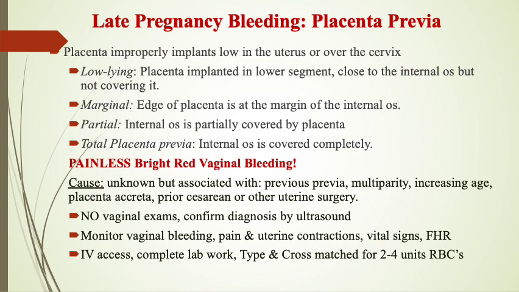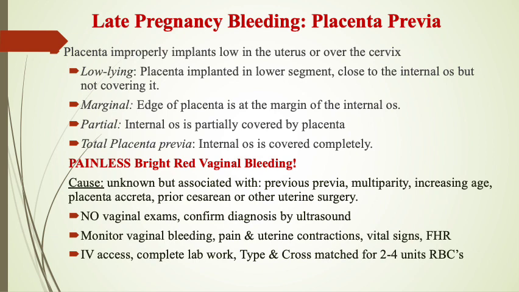So now let's get into the late pregnancy bleeding. All this we talked about was the early pregnancy bleeding. So now we will focus on the late pregnancy bleeding. And the first one there is placenta previa. Placenta previa is a condition where the placenta is improperly placed.